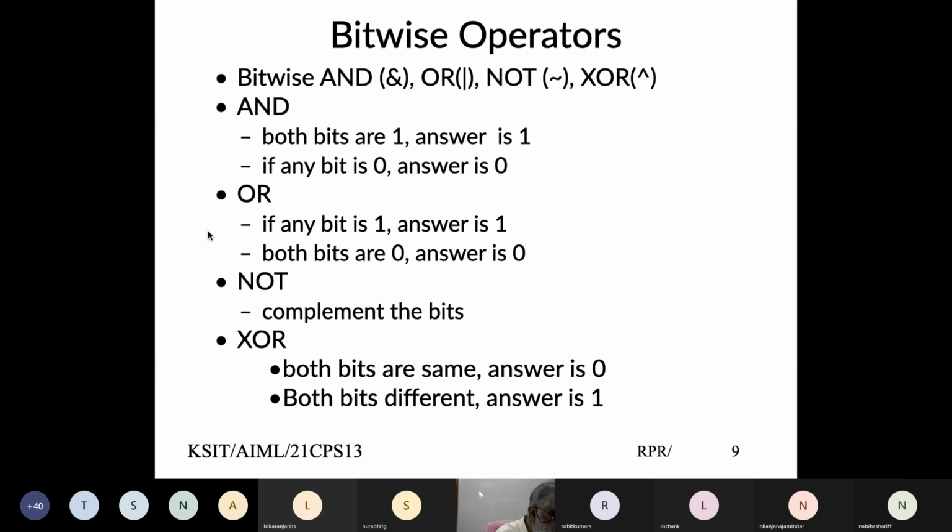This is 8. If I were to do complement of 8, which is the tilde sign, every bit here would flip: 0 becomes 1, 1 becomes 0. So this becomes 1, 1, 1, 1, 1, 1, 1, 1, 1, 1, 1, 1, 0, 1, 1, 1.